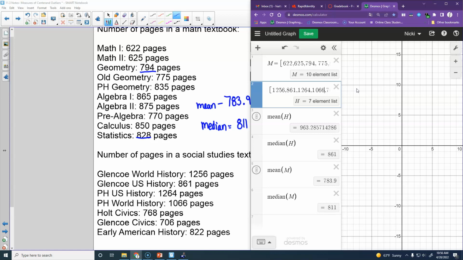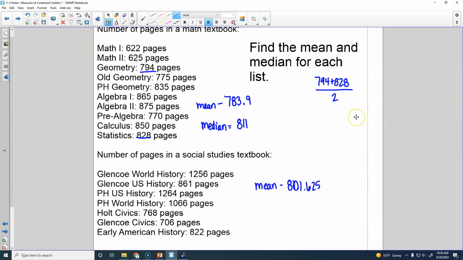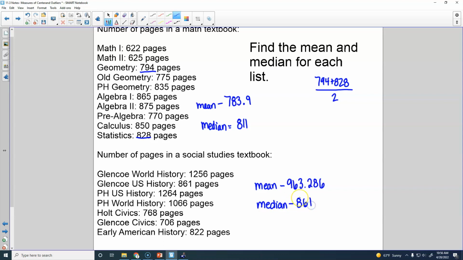So, 963.285. Maybe. I was not rounding very good there. And then the median, 861. In this particular case, there is a middle number, so when you put them in order, 861 is in the middle.